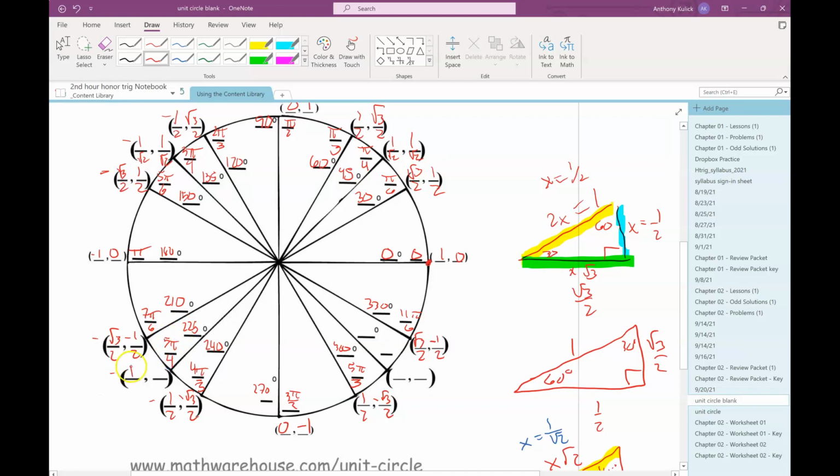Since we're in the third quadrant, they're both negative. And then the last one is 315, which is 7 pi over 4. Here the x-coordinate is positive, but the y-coordinate is negative because we're in the fourth quadrant.